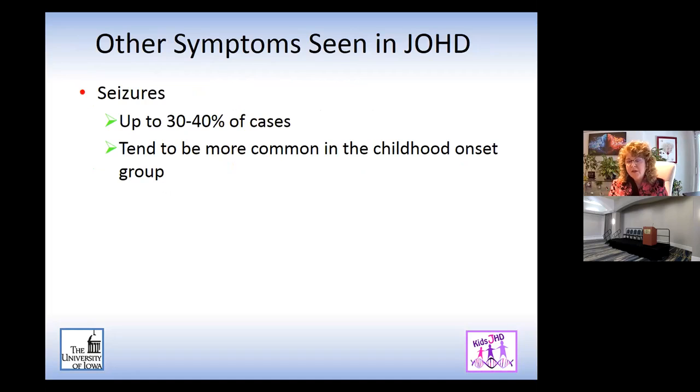Seizures are something that is seen almost exclusively in juvenile onset. We don't see seizures in adult onset Huntington's disease, but for many, and especially for the earliest onset, it can happen. And the seizures can be of any kind.